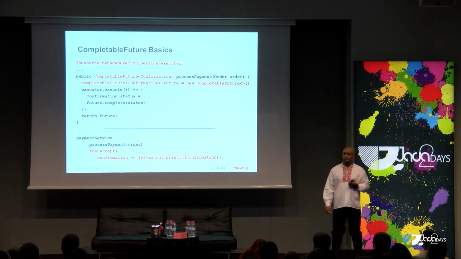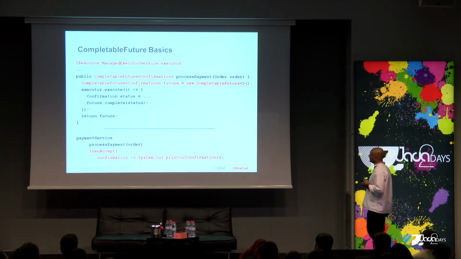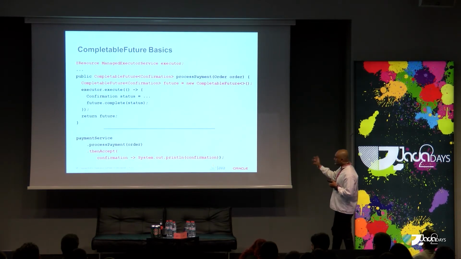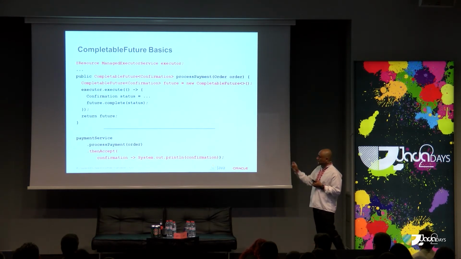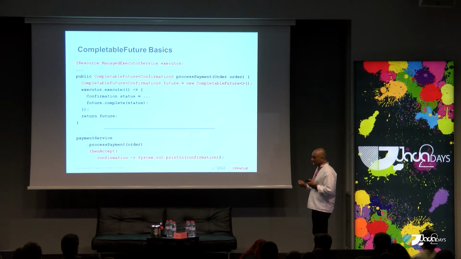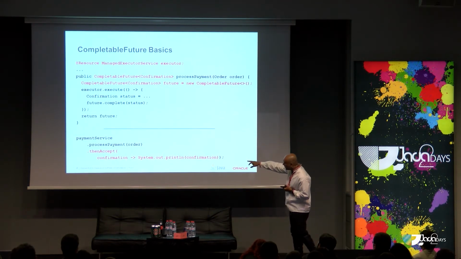Completable futures look very much like the futures we know and love. In fact, they extend Java util future. The big difference, though, is that there is no future.get call. Instead of calling future.get, you register a callback. Notice this code down below.